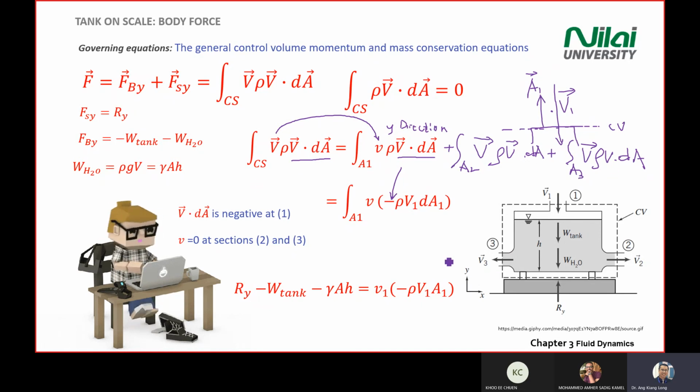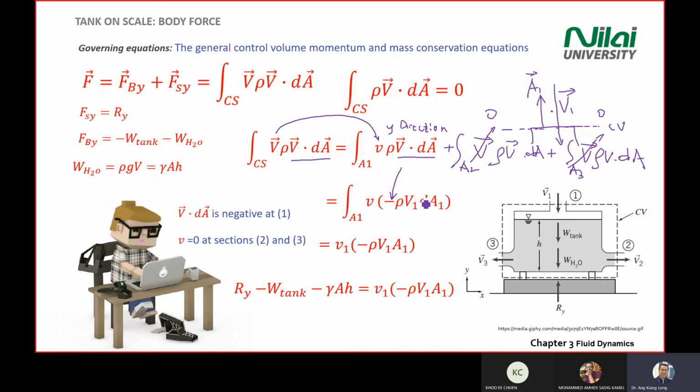But in this case, by looking at the free body diagram, we know that we only consider the y direction. So the V here we don't have. Same with area 3, we don't have. Okay, so we can straight away calculate the answer over here.